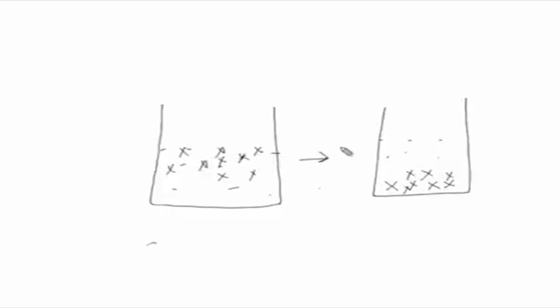Now, there are certain factors on which this whole thing depends. One is the size of the particle. Another is the shape of the particle. Supposing you have a spherical material of a particular molecular mass, and you have the same molecular mass but the material is elongated or flattened, then certainly the spherical shape will move faster under the influence of the centrifugal field than a flattened or elongated structure.